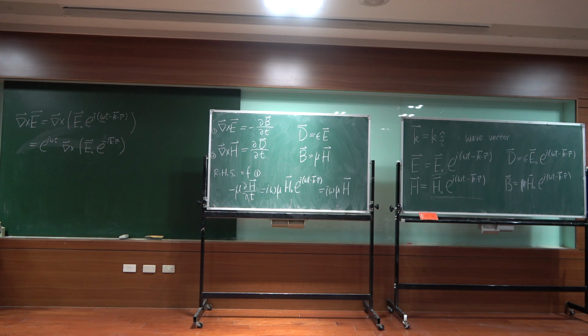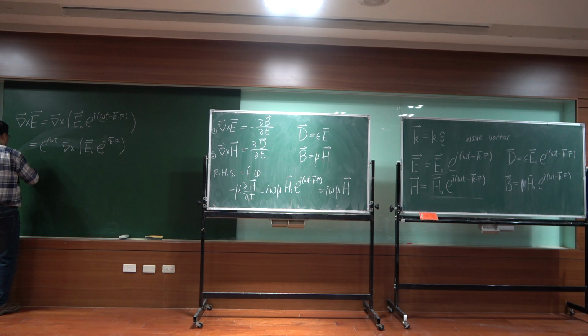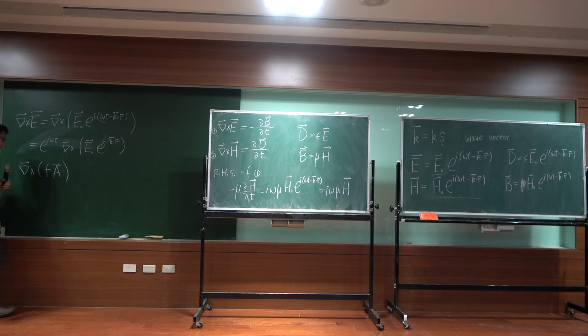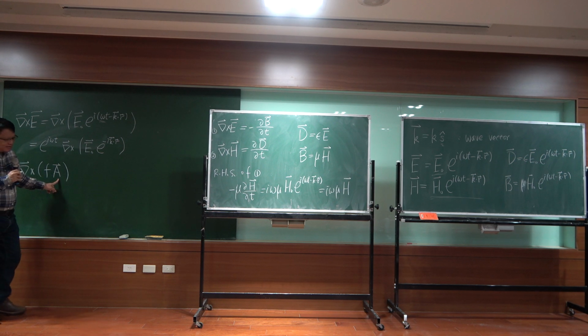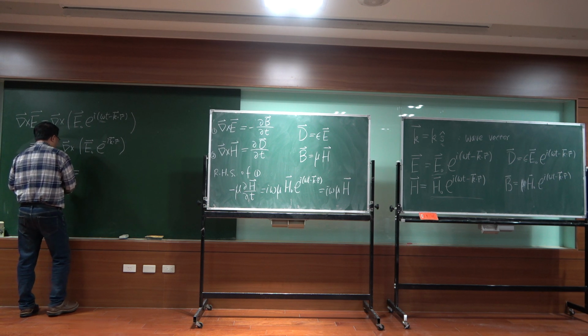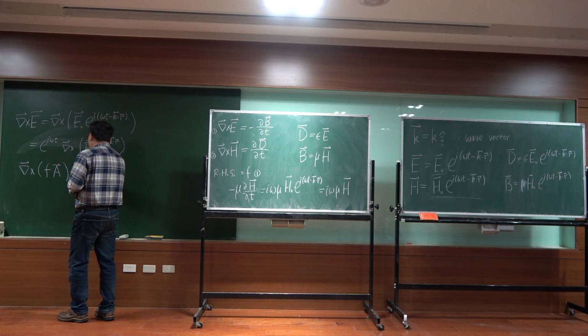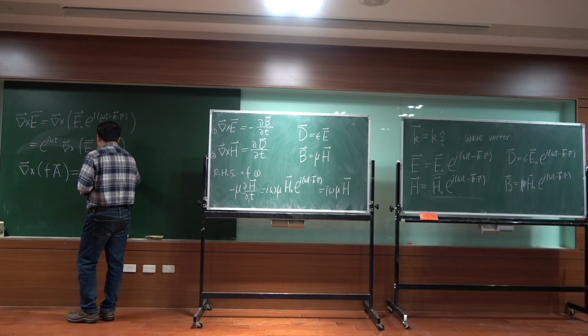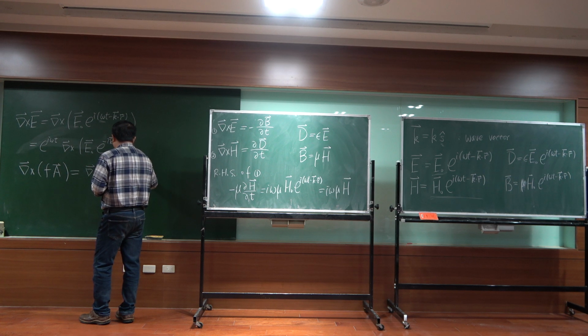If you remember from vector analysis, when we calculate a quantity like this, where f is a scalar function and a is a vector field, we have this identity: it is equal to gradient f cross a plus f times curl a.